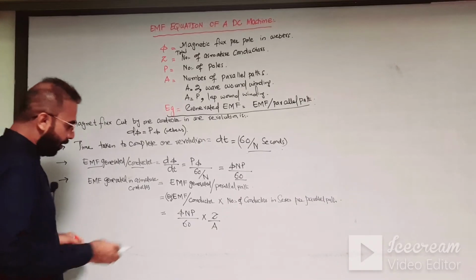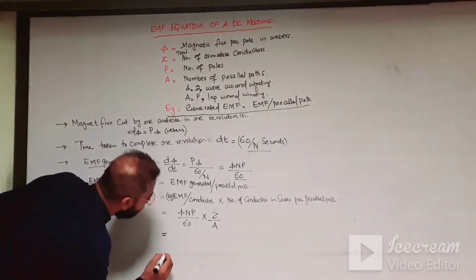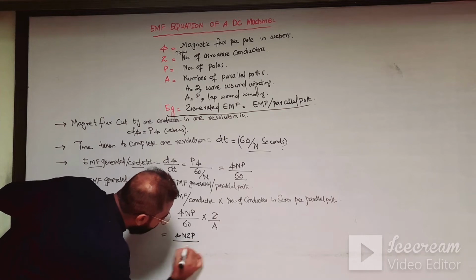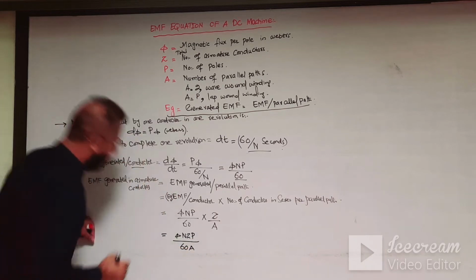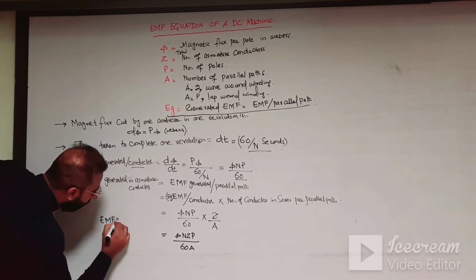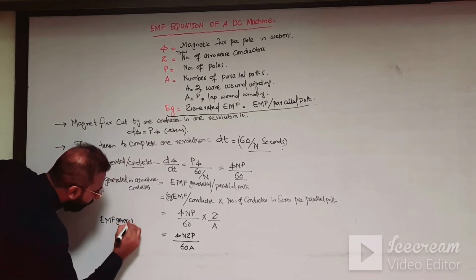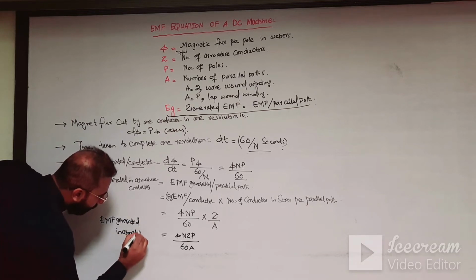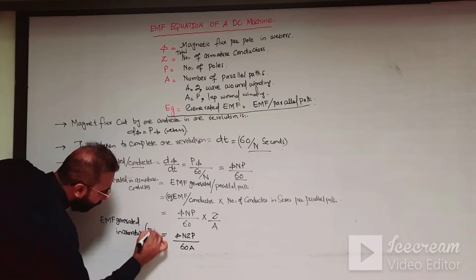So by simplifying, we get phi N Z P over 60A as the EMF generated in the armature, which is Eg.